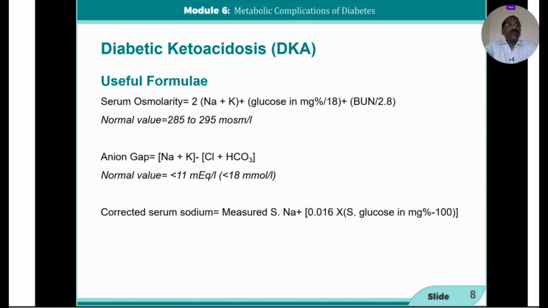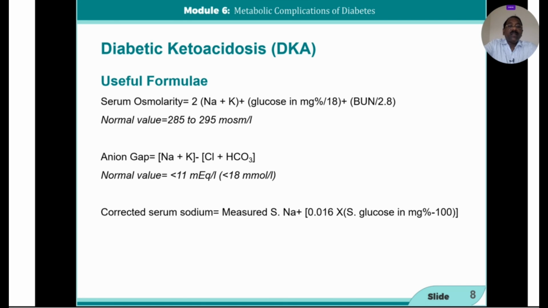Anyhow, you are ordering the electrolytes, you know the blood sugar, and you are getting the urea and creatinine. So get the osmolality also. This also helps you in the management. Okay. And the anion gap, what is the anion gap here? Sodium plus potassium minus chloride plus bicarbonate. This also you get with your electrolytes test. If you order the electrolytes, you get the sodium, potassium, chloride, and also bicarbonate.